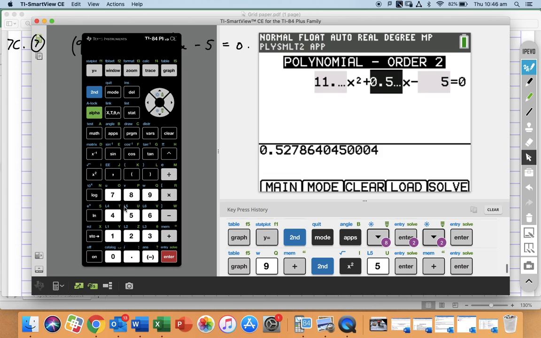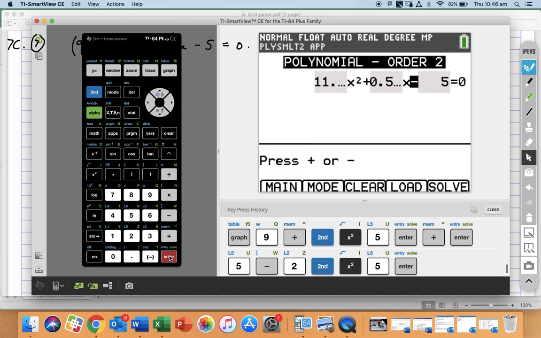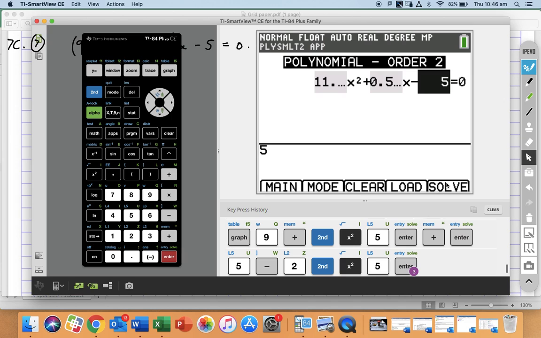So the next term was 2 square root 5. No, it was 5. Sorry, 5 minus 2 square root 5. You can see the calculator is converting this into a decimal here. Then it was a minus 5, which I've already entered. Minus 5. And now I click on solve.